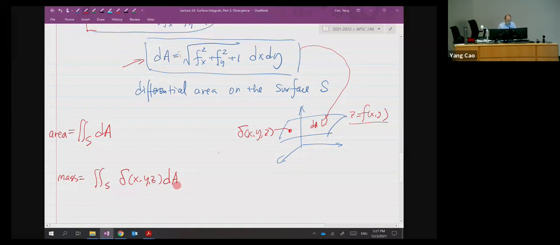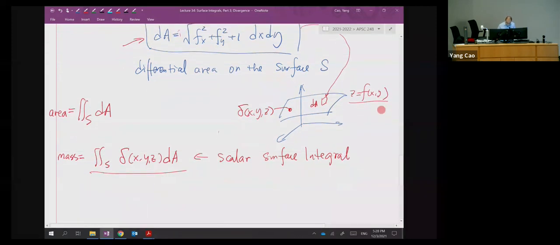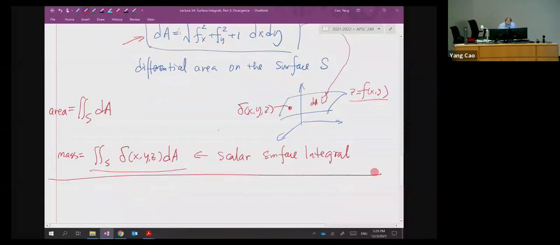That's another application. This format of surface integral is called a scalar surface integral, in contrast to what we are doing, calculating flux, which is called a vector surface integral. What does that remind you of? We have a scalar line integral and a vector line integral. So that's the surface integral.